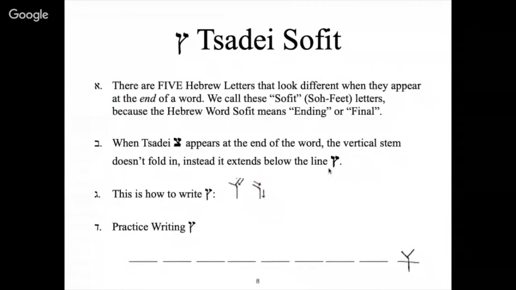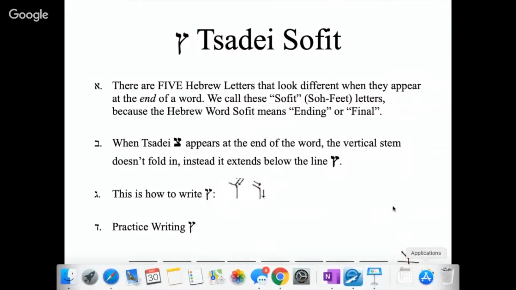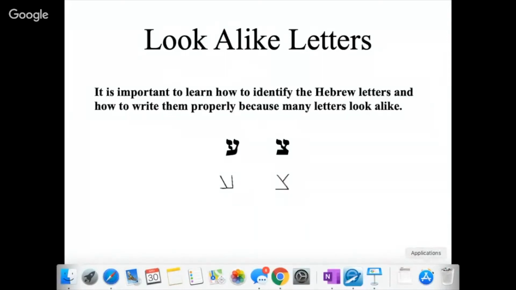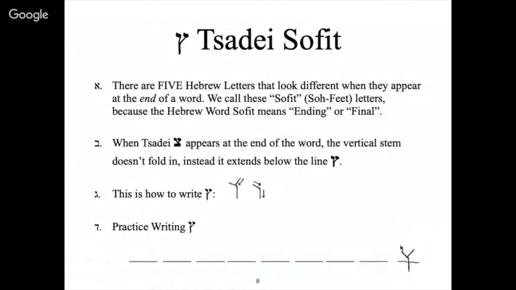When we are writing it, we come down and go straight down, and then we make this stem part last. So again, we would come down to make that stem and then make that final stem part.